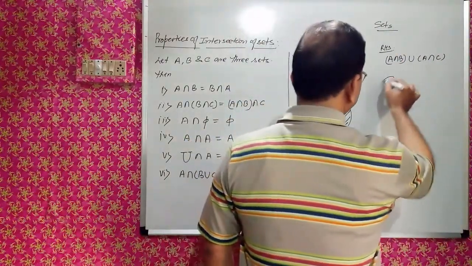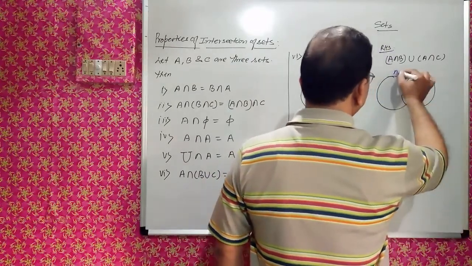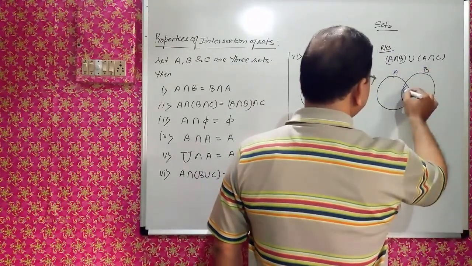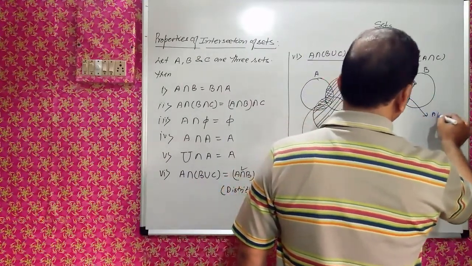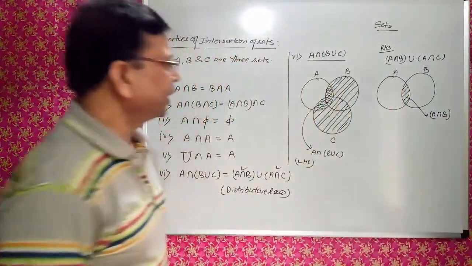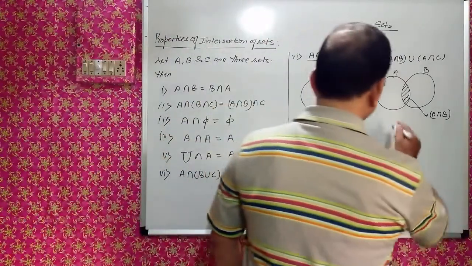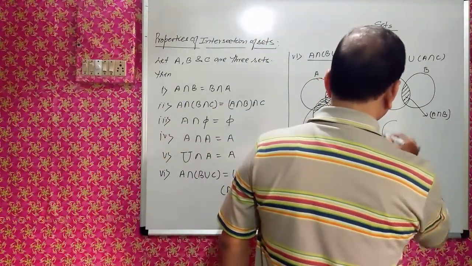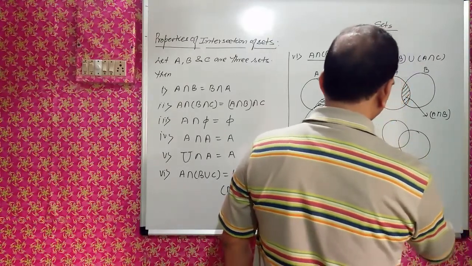So see, this is A, this is B, right? So this part is what? This is A intersection B, right? Now we will find A intersection C. A is this, C is this. So this is A, this is C, right?